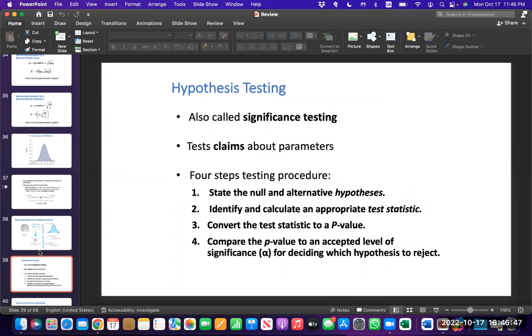This is also then leading into hypothesis testing. We actually do significance testing. So basically, we are first formulating a null and alternative hypothesis, where the null hypothesis indicates no significant difference between the sample and population mean.